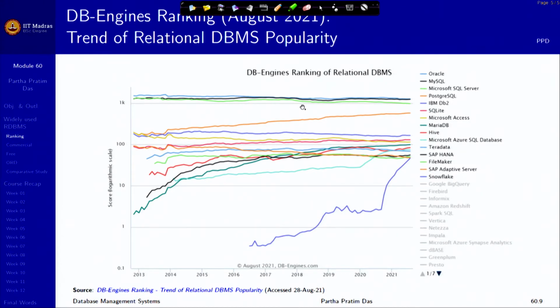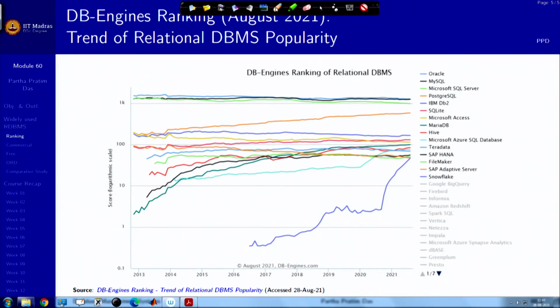Now, this is a trend curve over the last decade, from 2013, and here you can see that the y axis is a logarithmic scale, because things are exponentially increasing, because the data is exponentially increasing.